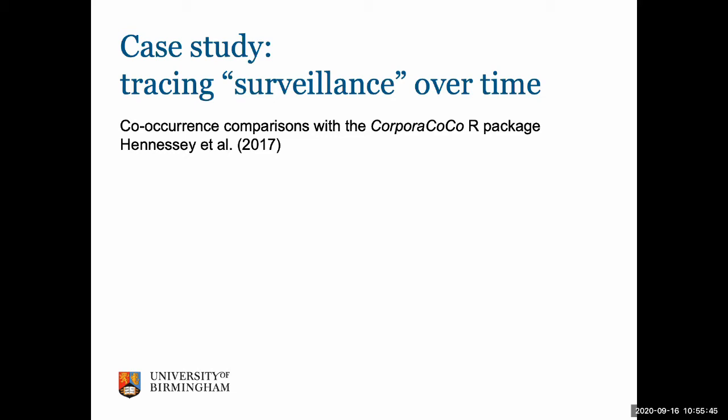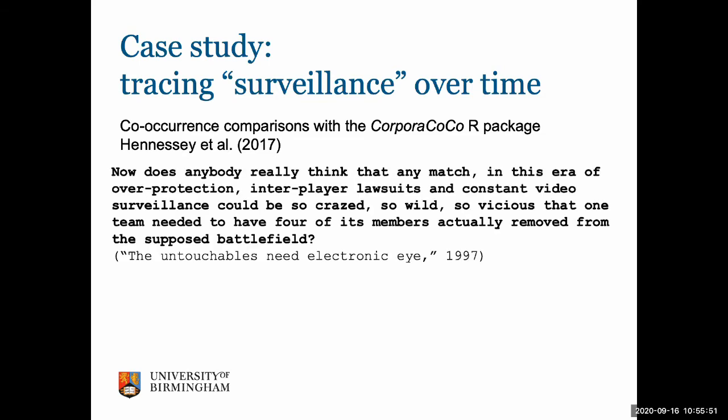Just to illustrate that a bit, essentially, if you have a corpus of texts, we can take this little paragraph as an example. We choose a word we are interested in, so for example, surveillance. And then we can look at what words occur together with that word in close proximity.